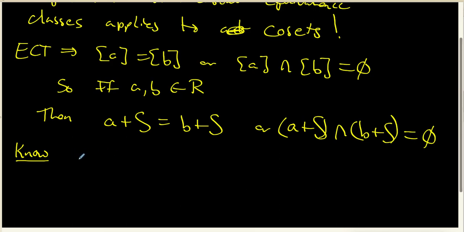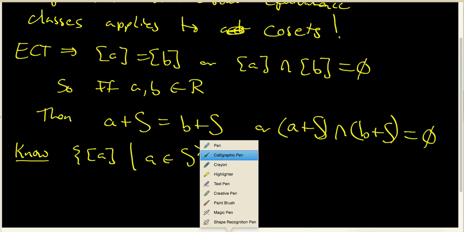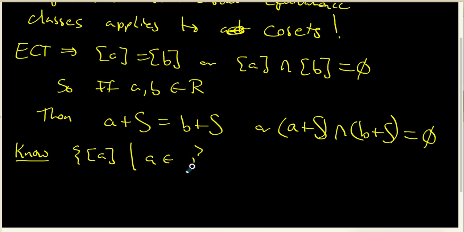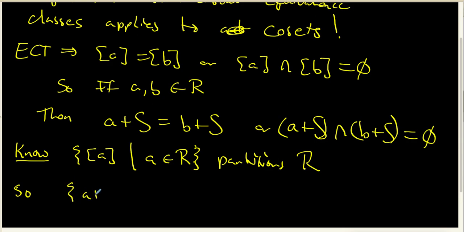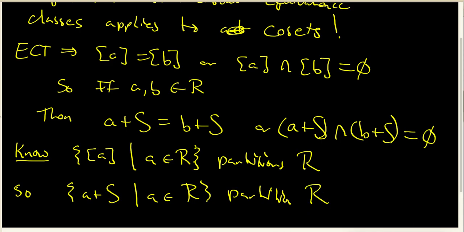We know that the equivalence classes, so the set of these guys such that A is inside R, partition the whole ring R. And since the equivalence classes are the left cosets, we also know that the left cosets partition the whole ring R.